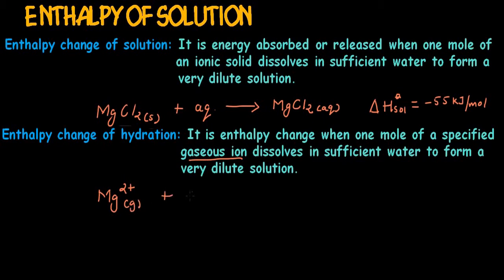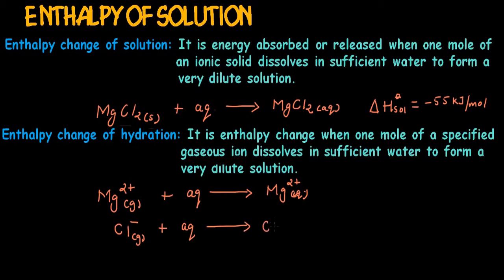When that dissolves in water, which is denoted by AQ here, it should be written as Mg2 plus aqueous. So this ionic equation indicates the enthalpy change of hydration. Similarly, we can write an equation for a negative ion also, say chloride ion. That is also a gaseous ion which is dissolved in water to form an ion in aqueous form.